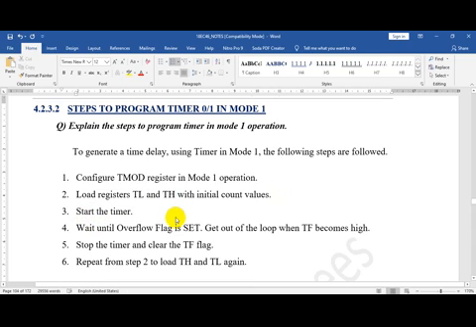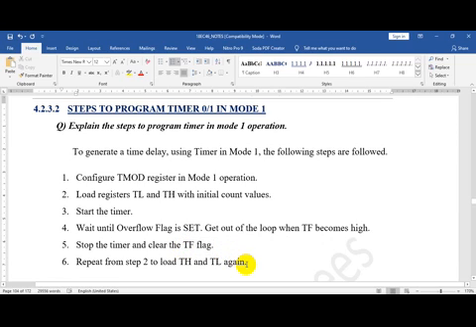After starting the timer, you have to wait for the overflow flag, because the overflow flag indicates whether the time has elapsed or not. Once the overflow flag is set, you will stop the timer and clear the overflow flag.